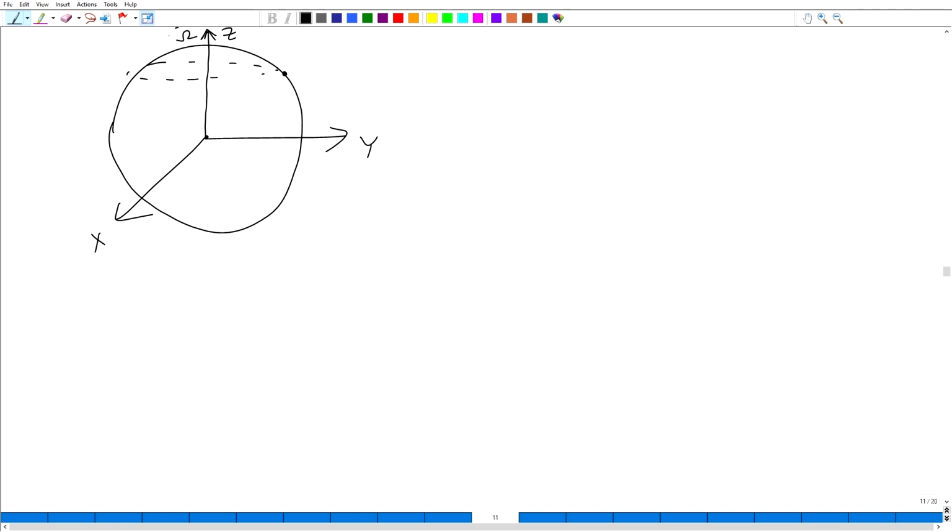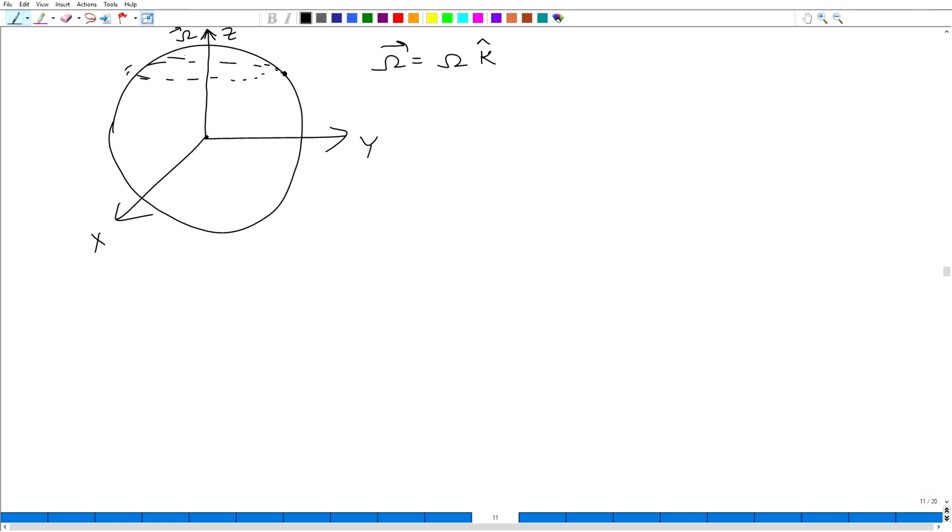So, the spin direction coincides with the direction of omega for earth. So, I can say that omega is exactly equal to omega times capital K cap. Then this one is simply moving with this.